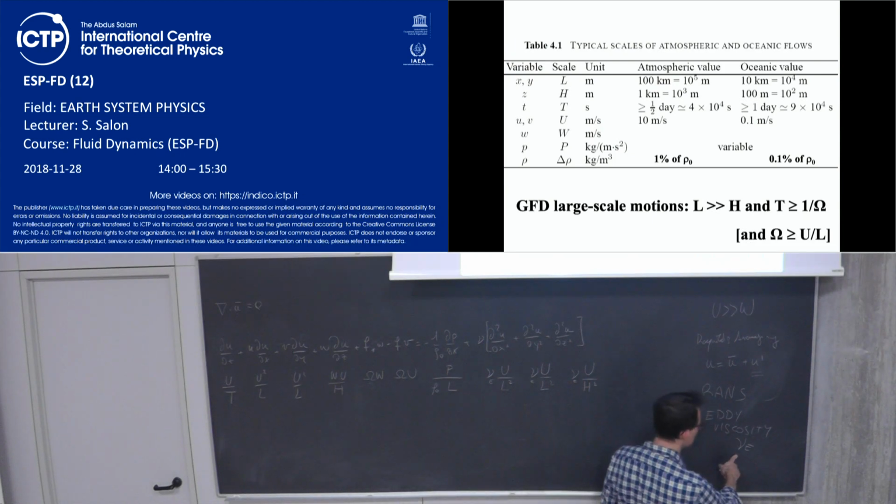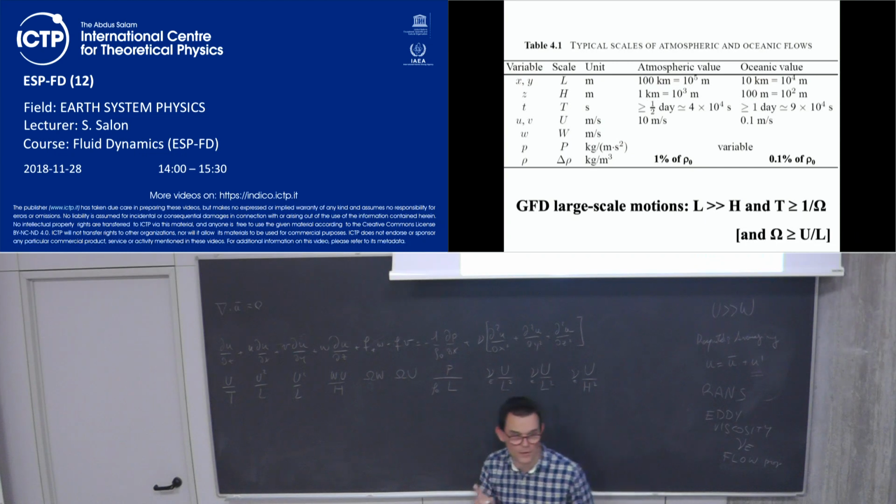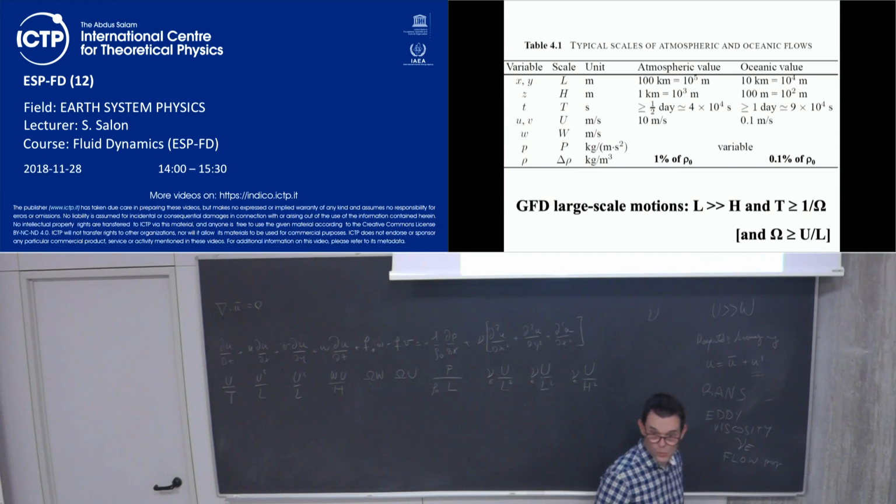And eddy viscosity is a flow property. Don't forget, very important. Kinematic viscosity mu is a property of the fluid, inherently related to the characteristics of the fluid. The eddy viscosity is a property of the flow, okay?